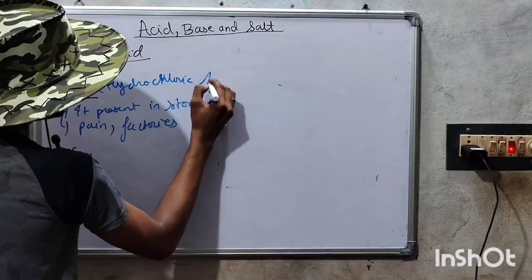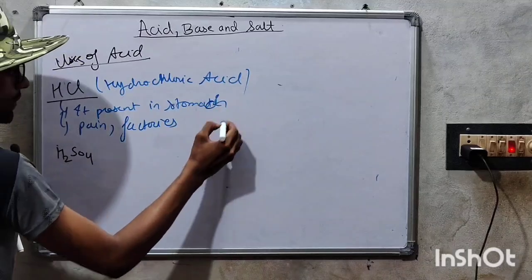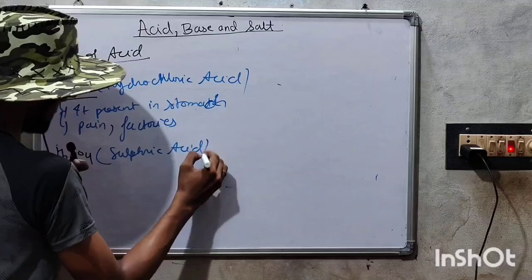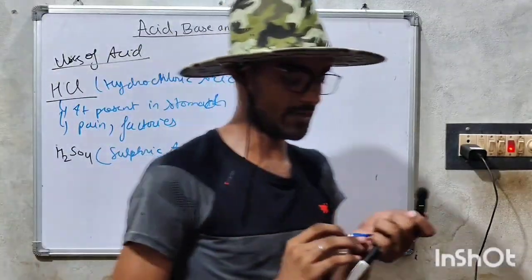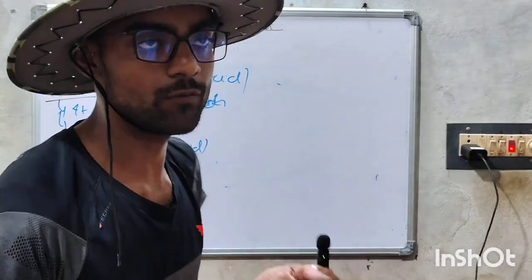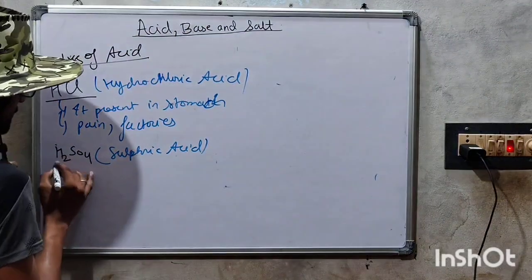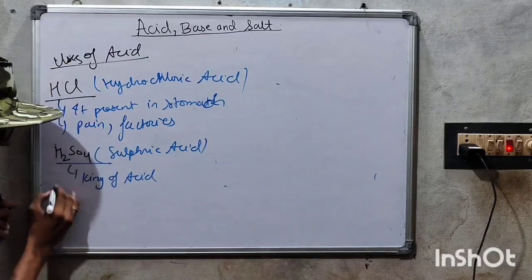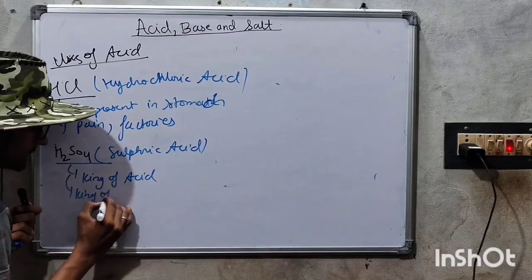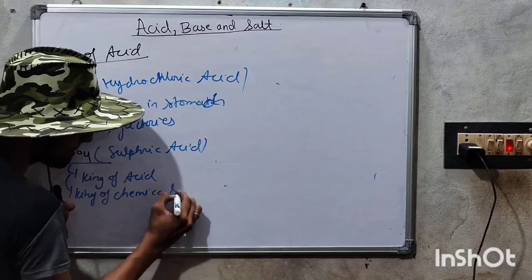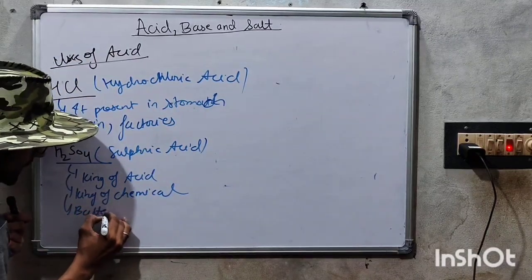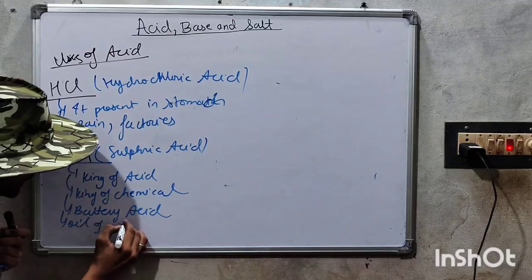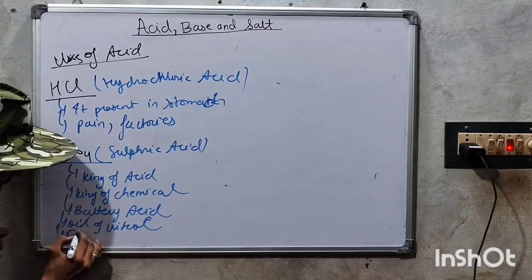When we talk about sulfuric acid, it is known as king of acid, king of chemicals, battery acid, oil of vitriol, and it is also used in fire extinguishers.